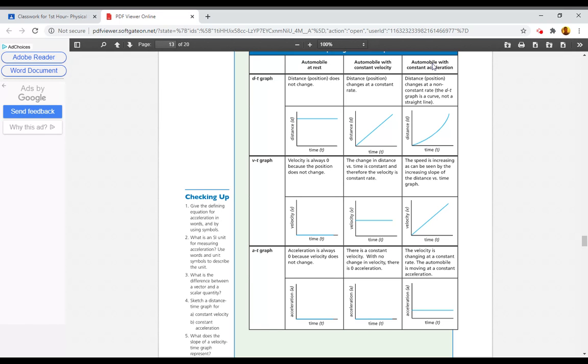Automobile with a constant acceleration. So this is when you're stepping on that accelerator. Speed is increasing, and it can be seen by the increasing slope of the distance versus time graph. Velocity is changing at a constant rate. The automobile is moving at a constant acceleration.